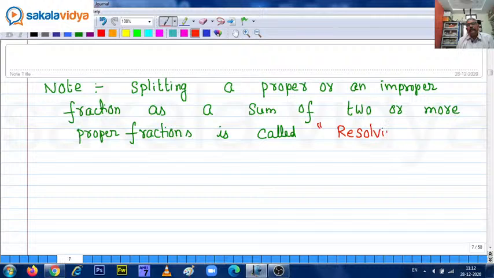This is our important step, resolving into partial fractions.